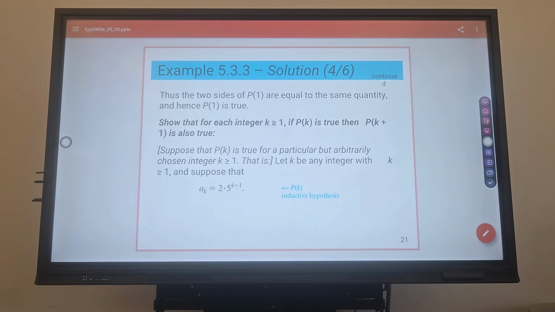Show that for each integer k greater than or equal to 1, if P of k is true, then P of k plus 1 is also true. Let k be any integer with k greater than or equal to 1, and suppose that the inductive hypothesis is true.